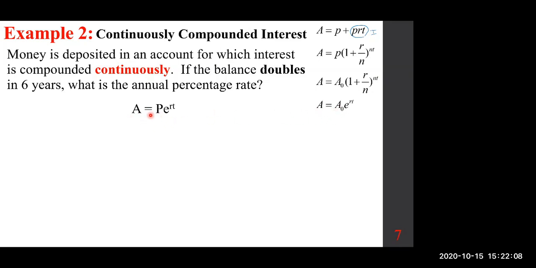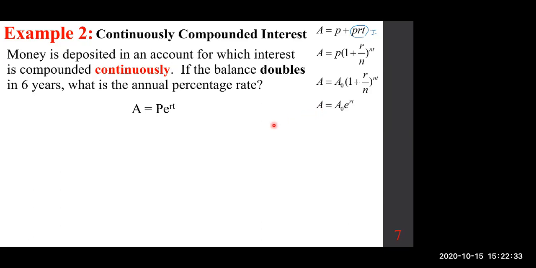It doesn't matter as long as we understand. If we write it in this fashion, P is the initial value, the amount that we invest, the principal, and A is the amount we end up with. Whereas here, A sub 0 is the initial value. Sometimes they refer to A as future value.